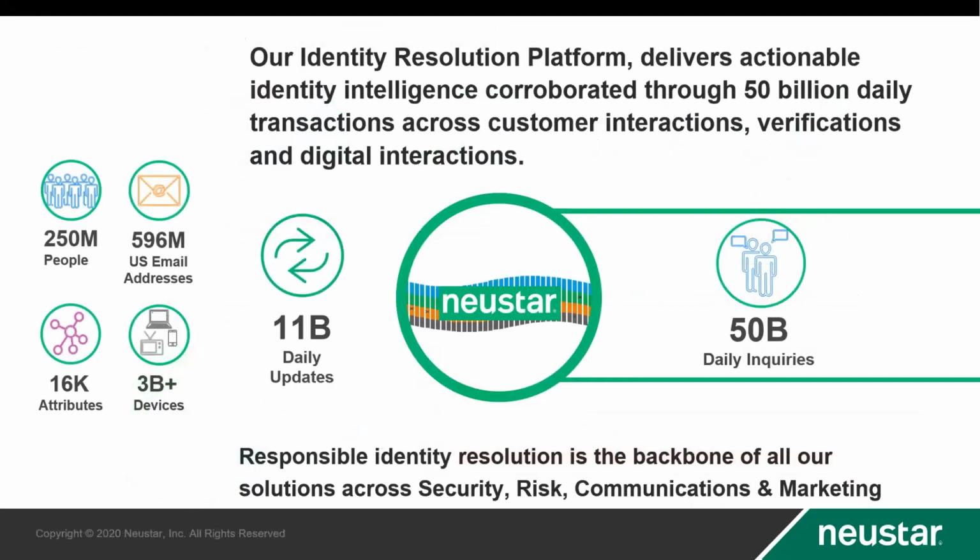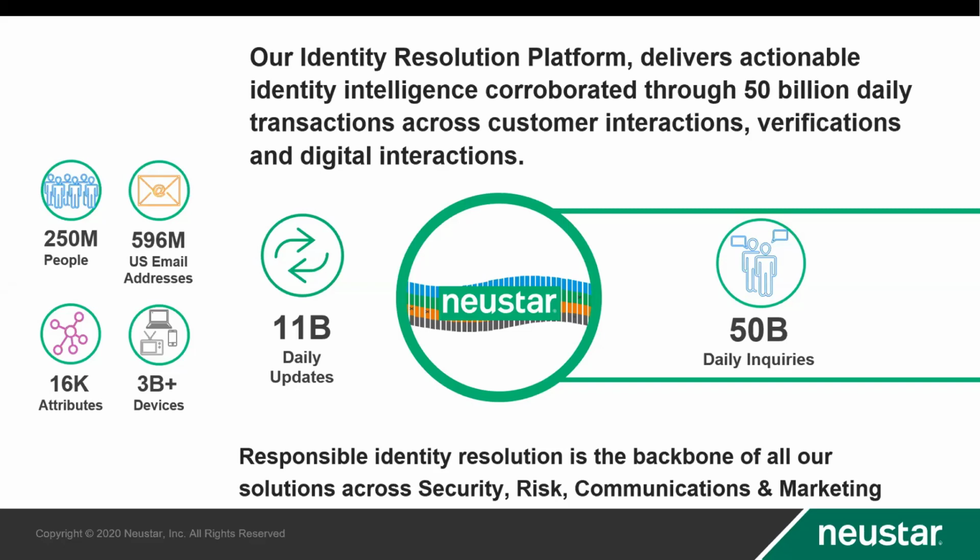This slide shows some of the scope of the changes and processing that happens behind the scenes. You can see billions of daily inquiries, requests coming in, billions of daily updates and data changes, as we try to keep track of most of the adult population of the U.S. You have the email addresses, the device location, device information, all the devices that are out there.